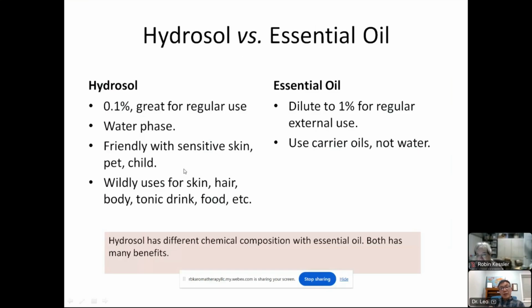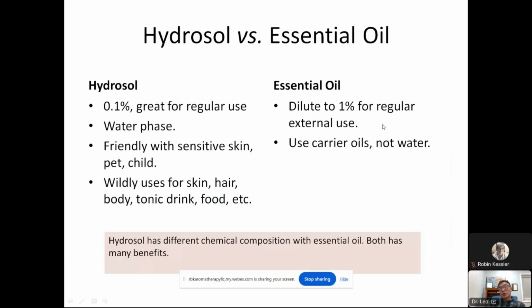A lot of my customers use the hydrosol to treat their animals. Also, because it's mild, it's very popularly used on the skin, hair, and body, or you can even add it to drinks like a tonic drink, or to food.